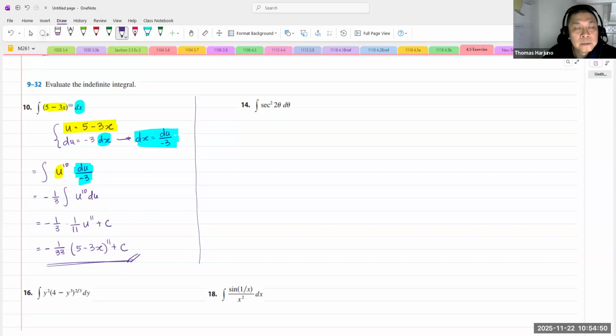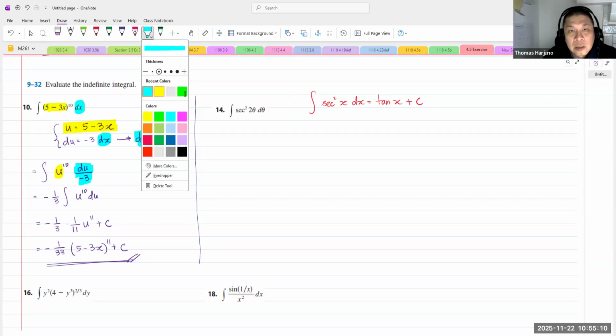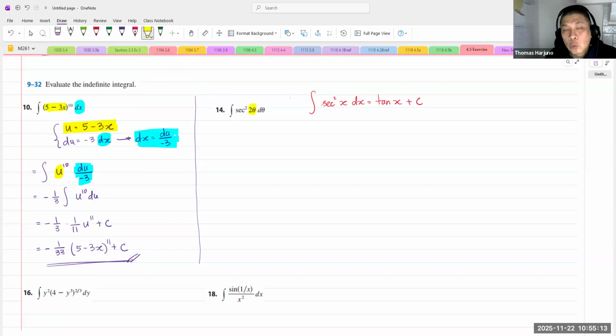Number 14, we have integral of secant squared of 2 theta d theta. We know what is the integral of secant squared x dx. That is tangent x, right? So if I can substitute or make this 2 theta into something I know, then it becomes secant squared u, right? So let's make it our u. u equals 2 theta, so du equals 2 d theta.